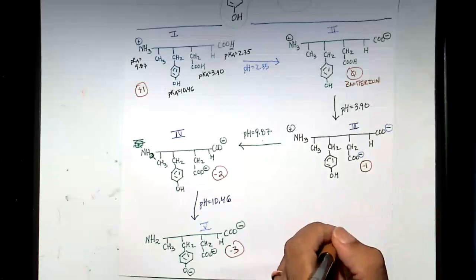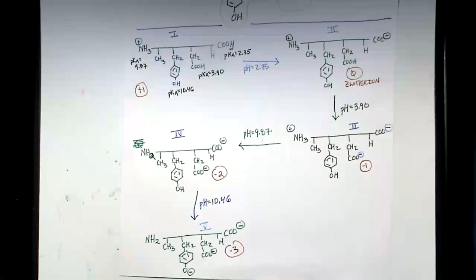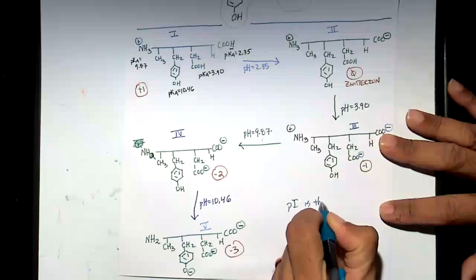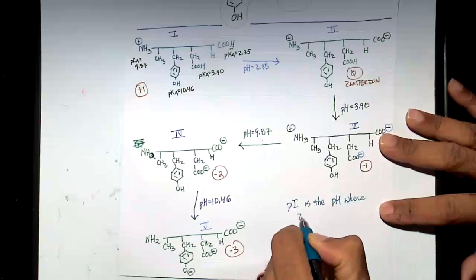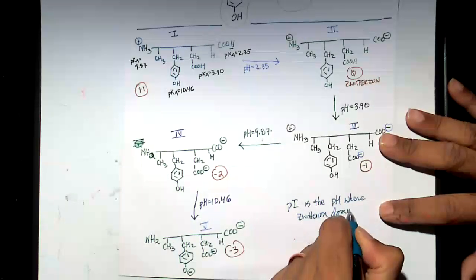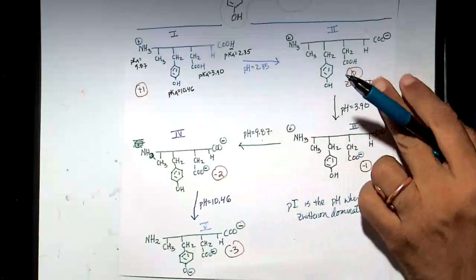And a couple of things here. What is the pI? It is by definition, the pI is the pH where what dominates? Zero charge dominates. So the pI is the pH where the zwitterion dominates. So that's going to be the average of these.